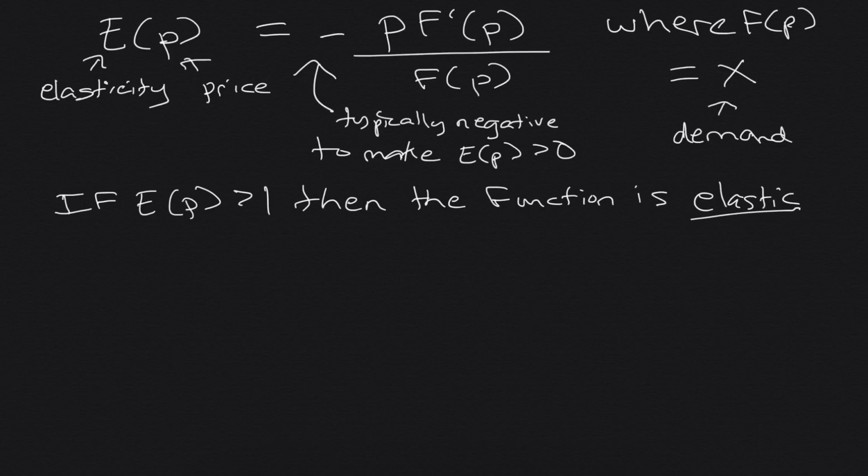And I'll talk much more about this after we do our first example, but I'll speak a little bit to that right now. So if E of P is greater than 1, the function is considered to be elastic.